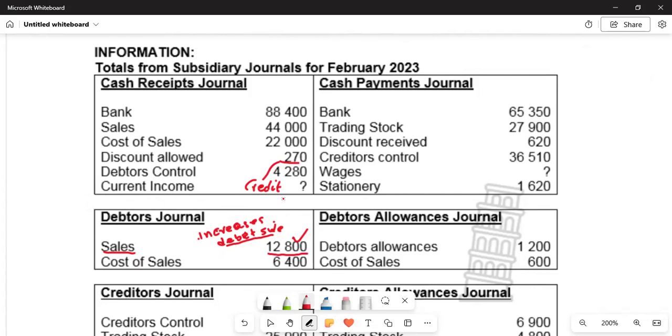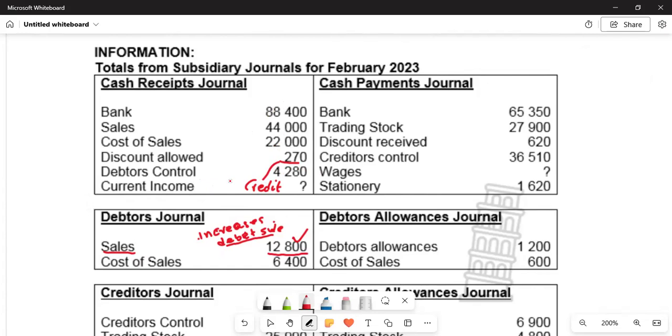Also, we have bank under cash receipts journal. Customers paid their accounts. So we received. Once they pay, it means we receive.